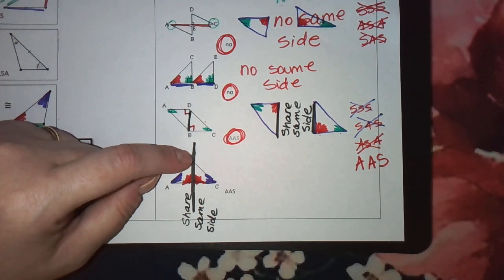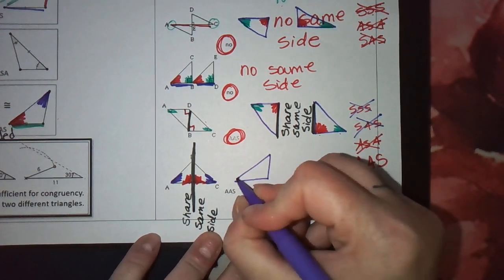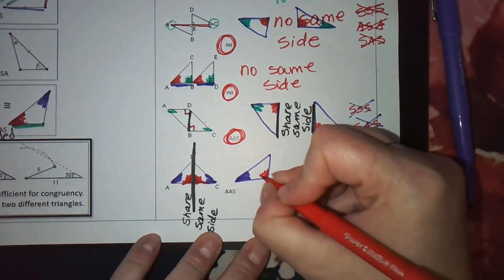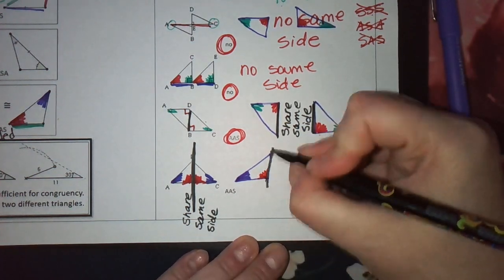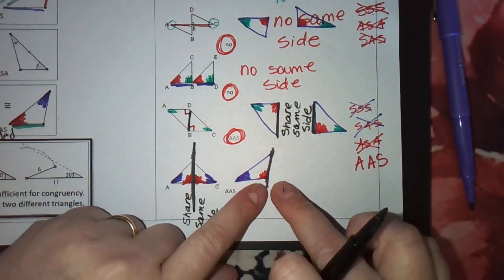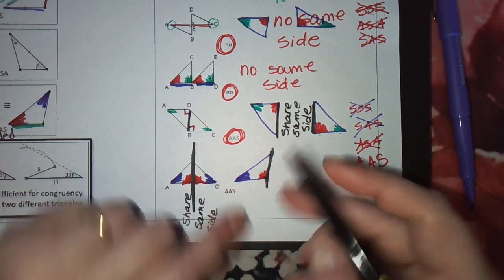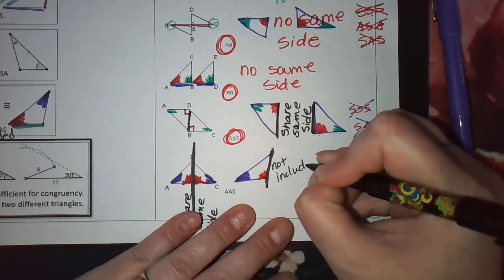Our question is, is that side in between the angles? Here's one of the triangles, that left-hand triangle. The side that we share, is it included or not included? If it was included, it would be the one on the bottom. So ours is not included.